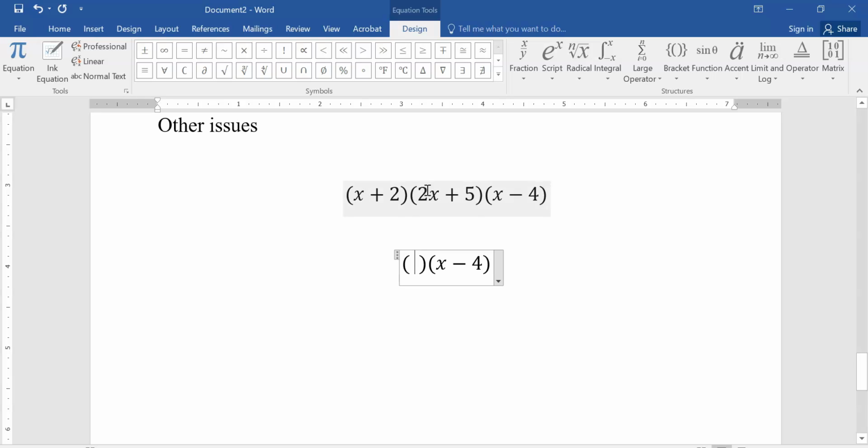X times 2x is 2x squared. X times 5 is plus 5x. Then I distribute the 2 into just this polynomial here. 2 times 2x is a plus 4x. 2 times 5 is a plus 10. So that's what I get when I multiply these two polynomials.